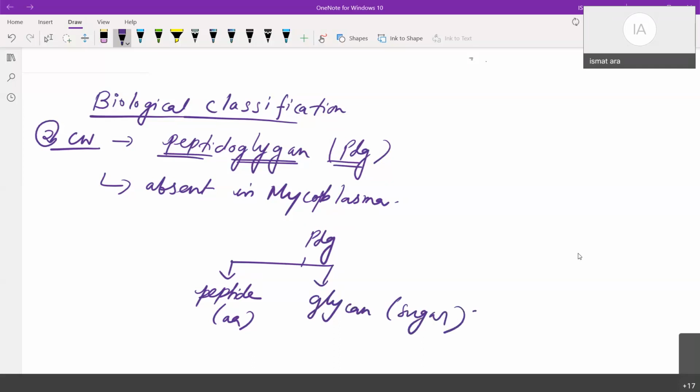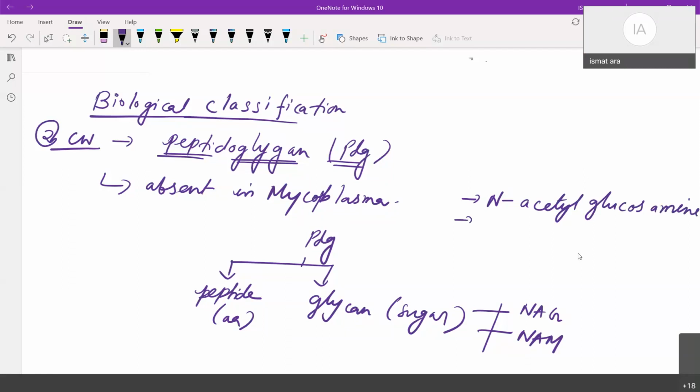So what is the sugar component, students? The sugar components are NAG and NAM. What is the full form of NAG and NAM? Full form of NAG is N-acetyl glucosamine.